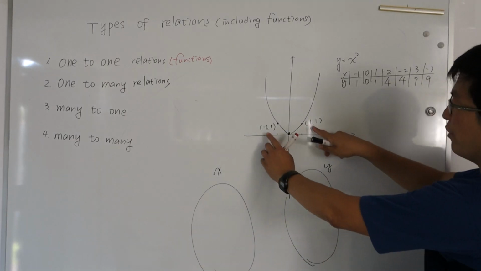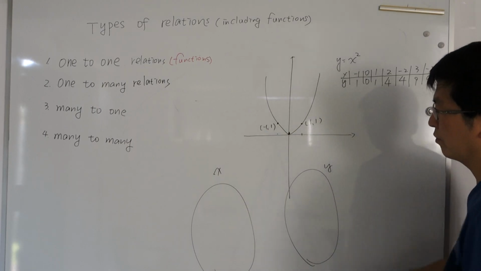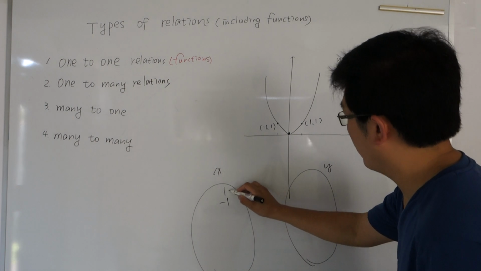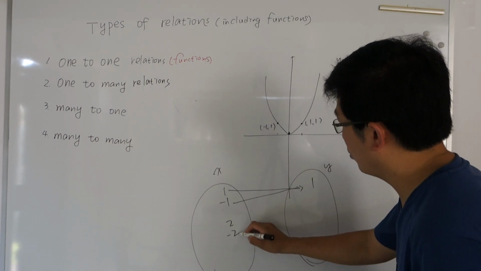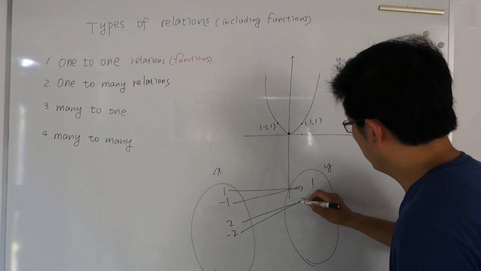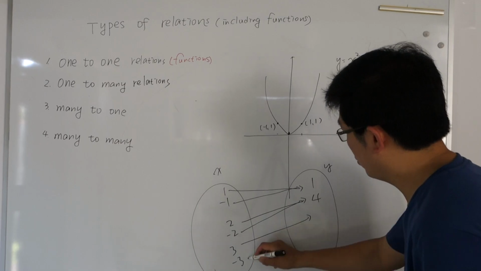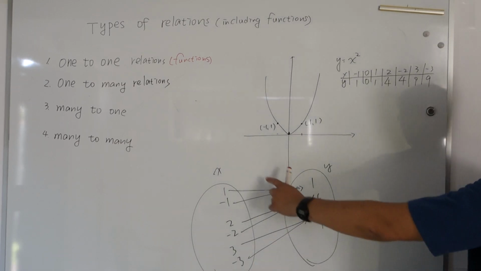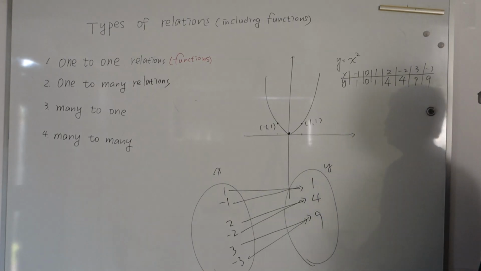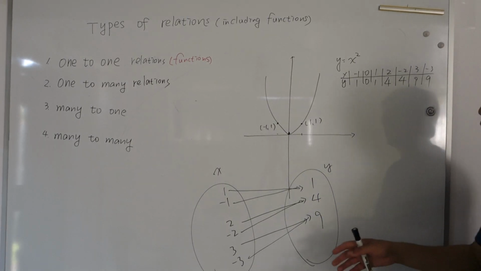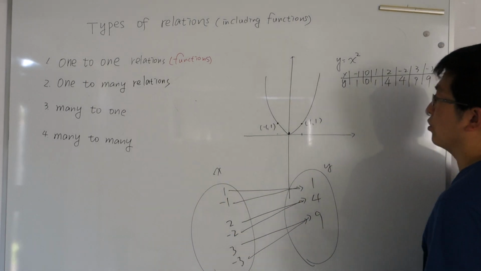Different x, 1 and negative 1, will go to the same y value, 1. 2 and negative 2 will go to 4. 3 and negative 3 will go to 9. Do you find that? 1 y value will have 2 x values, right? So we call this one many to one. Many x values can have only 1 y value.